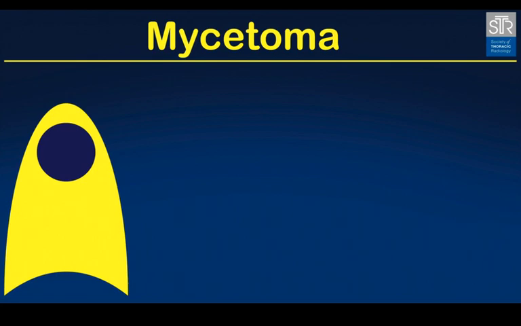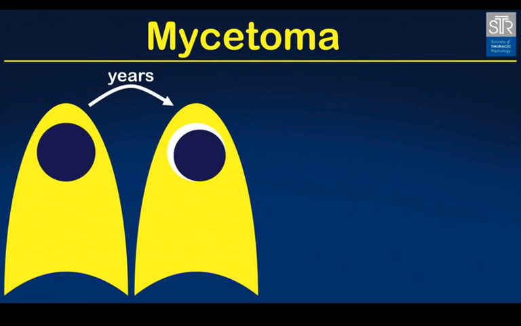So with a mycetoma, the lung begins with a cavity due to another cause. Over a period of years, fungus begins to grow within the cavity, often at the lateral and superior margins of the cavity, which can result in apparent cavity wall thickening on radiographs or a pleural reaction along the superior and lateral aspects of the cavity.